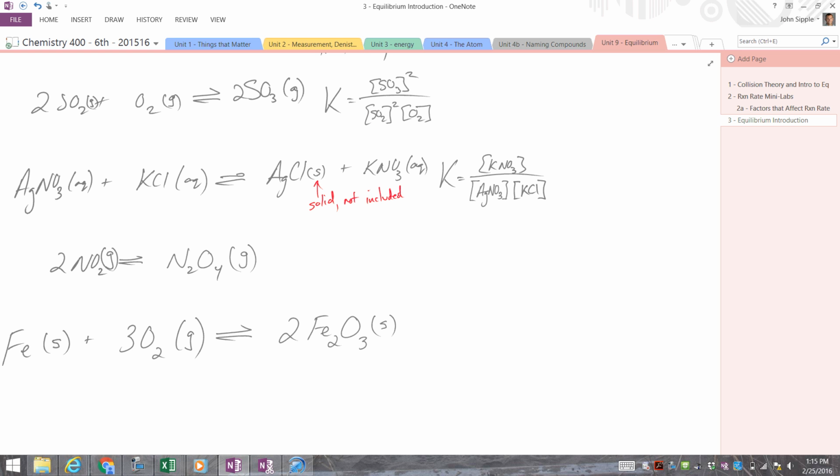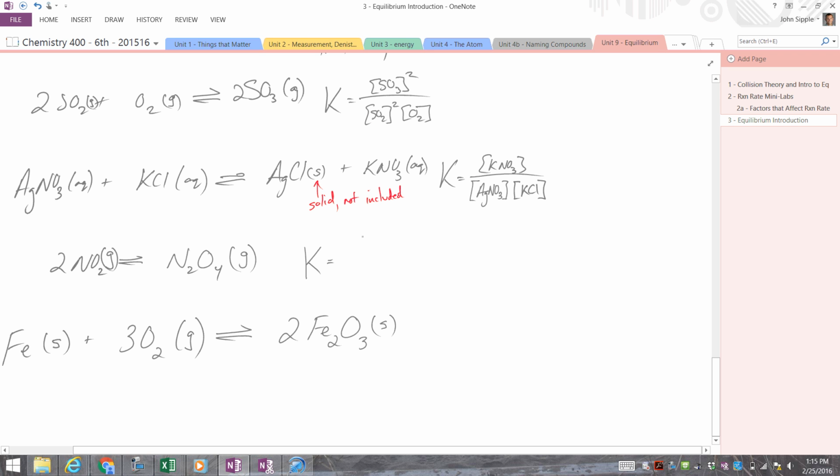All right, Tori, what about the next one here? These are both gases. What would you do for NO? Okay, products over reactants, right?